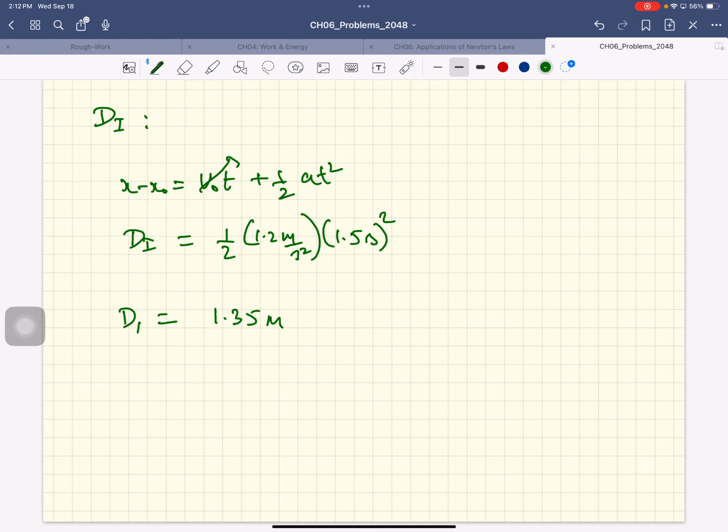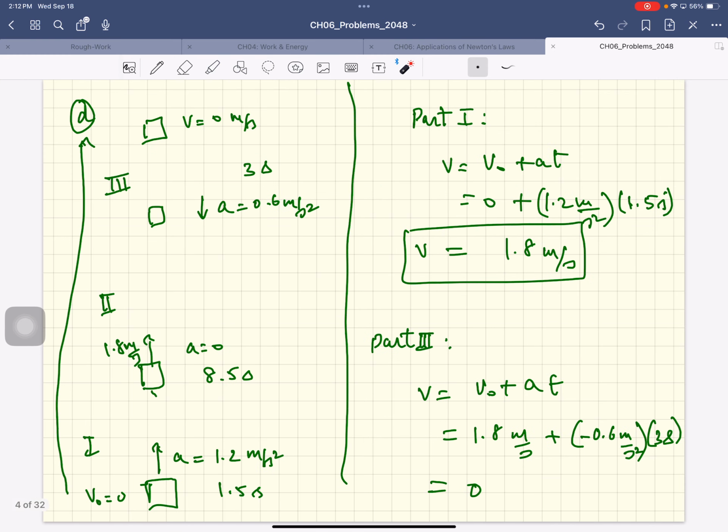For this part of the journey, that was 1.35 meters, roughly the height of a person, a little less than the height of a person. So you accelerated for that long. And then let's calculate the distance traveled here, done at constant speed for 8.5 seconds.